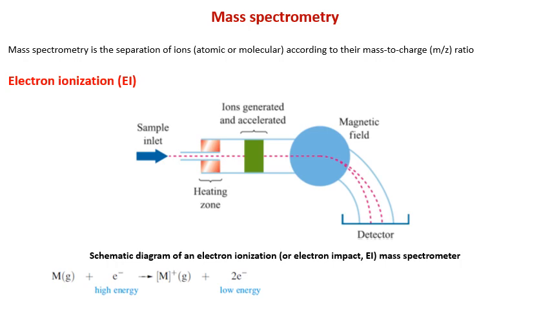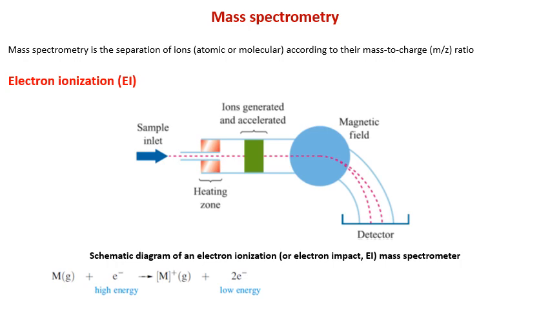In electron ionization mass spectrometry, ions are produced by bombarding gaseous molecules with high energy electrons. Now it is a hard technique because in this technique molecules are getting fragmented. The parent molecule is fragmented into smaller parts. This is the schematic representation of the EI mass spectrometer.